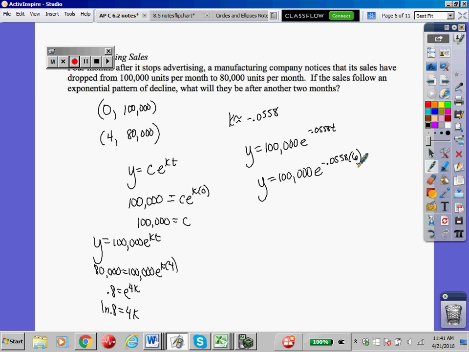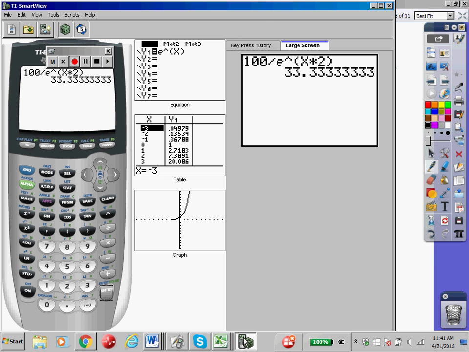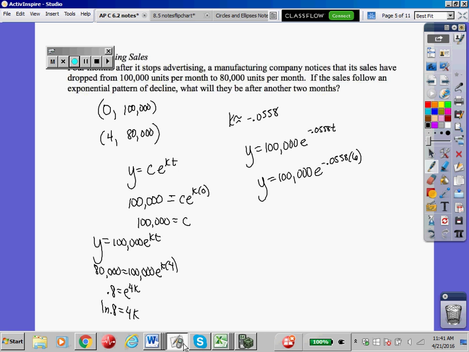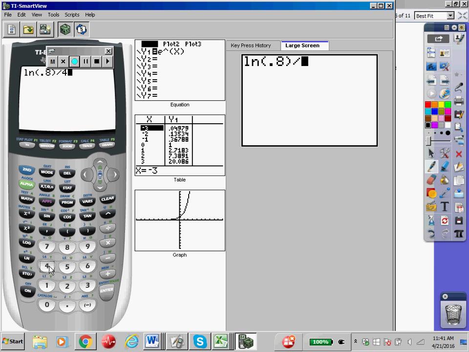Let me pop this in on my calculator. Where's my calculator? Here it is. So we have natural log of 0.8 divided by 4. Store that for x.